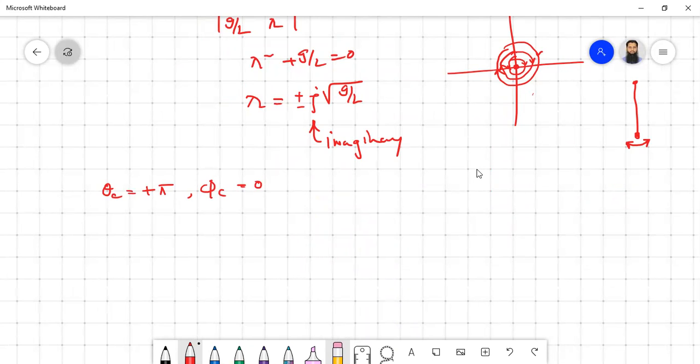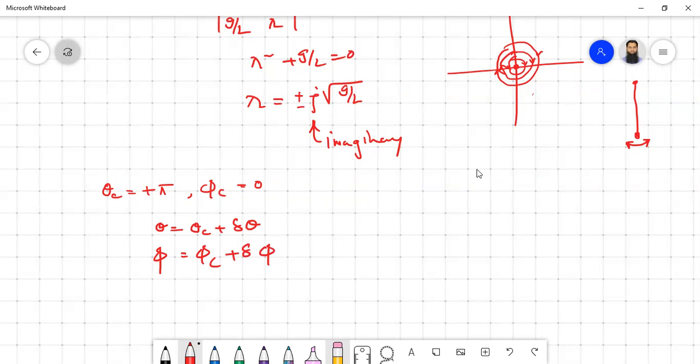So now again, what will be our equation? Theta will be theta c plus a small perturbation, del theta, and phi will be phi c with a small perturbation.